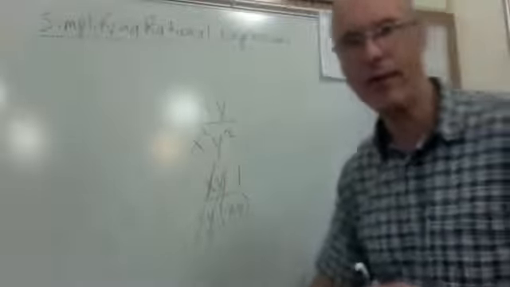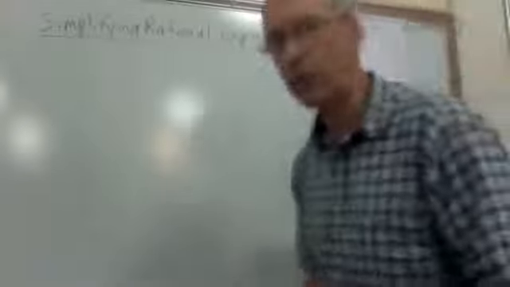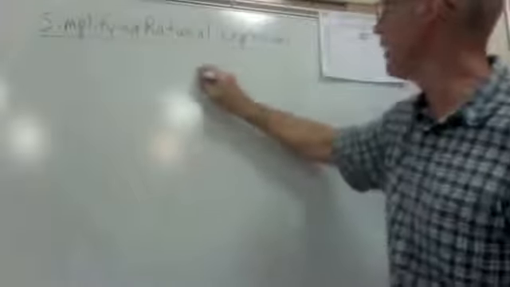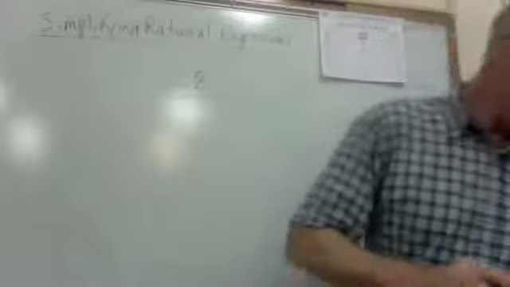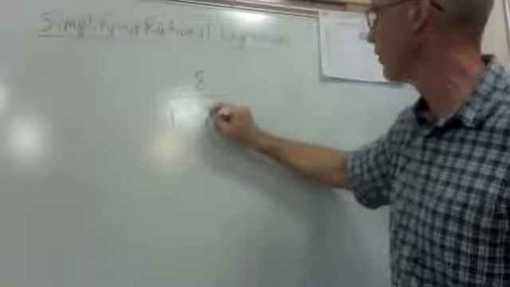Now we've done all that. This is going to be just a little bit more than what we've already practiced. Look at one of their examples, letter A, on page 690. It is negative 8 over r squared minus 36.